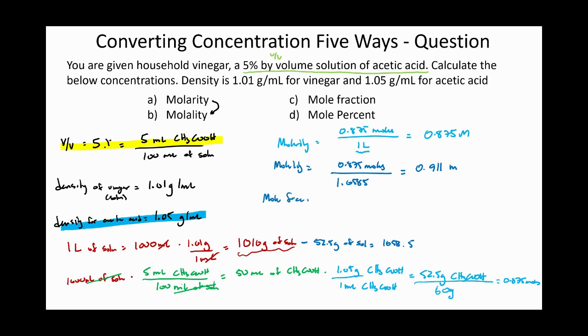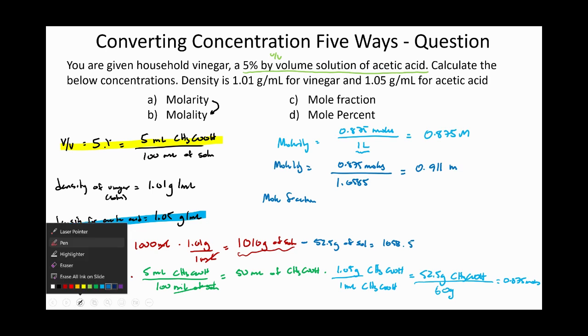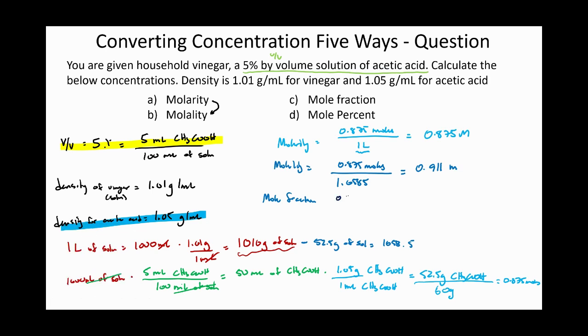And then finally, for our mole fraction, we already have in the numerator the moles of our solute, 0.875. All we need to do is add the number of moles of water, and we know we have a mass of 1058.5 grams of water. So we take that 1058.5 grams H2O and divide by the molecular weight of 18 grams per mole, and we get around 53.3 moles.